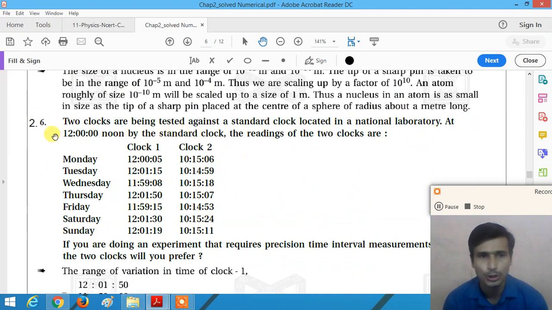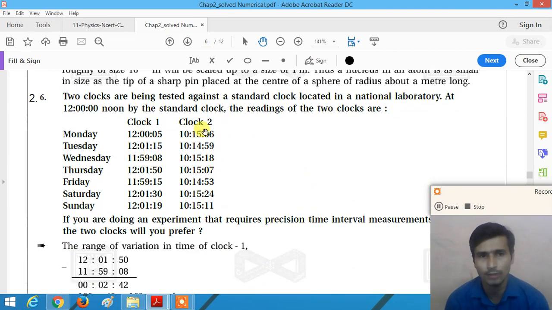At 12 noon by the standard clock, the readings of the two clocks, clock 1 and clock 2, are noted. On Monday, the reading of the first clock is 12:00:05, and the reading of clock 2 is 10:15:06. On all the days of the week, the readings of clock 1 and clock 2 are measured.